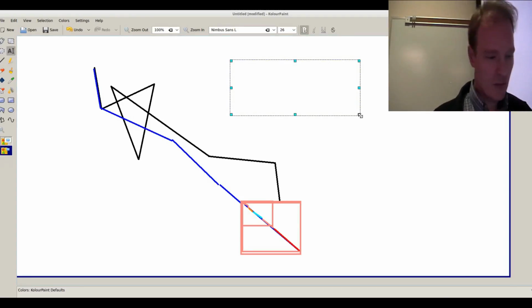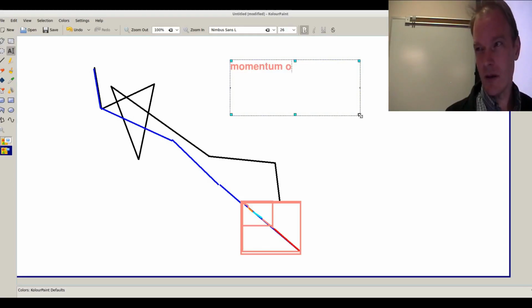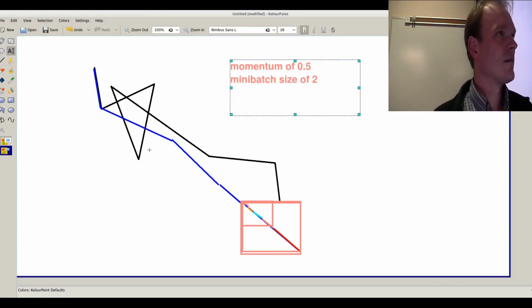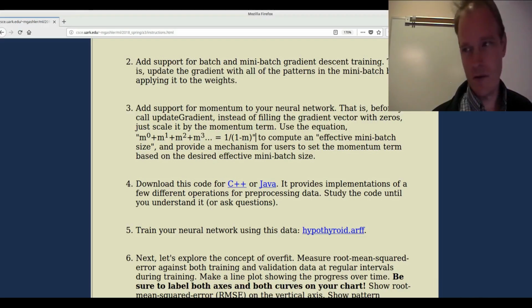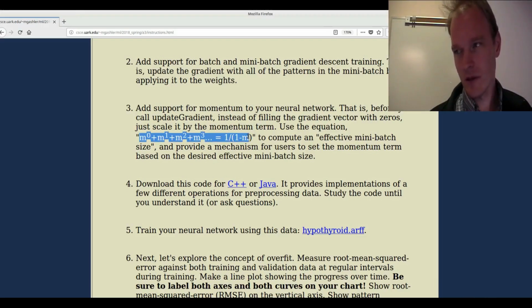So I'm claiming momentum of 0.5 is related to a mini batch size of 2 because of this equation. Okay.